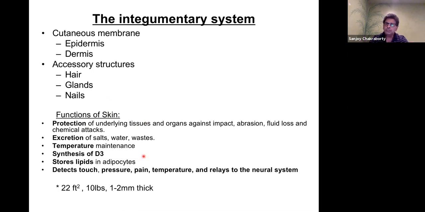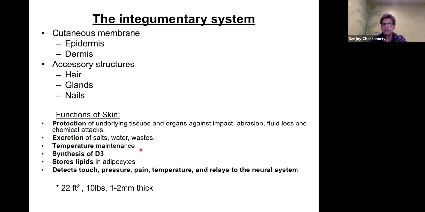Then the additional jobs are excretion, because in the integumentary system, right underneath, in the dermis layer, we have a lot of sweat glands. Sweat glands release extra salt waste along with some water. So that's excretory function.